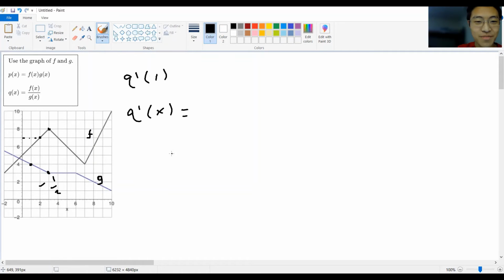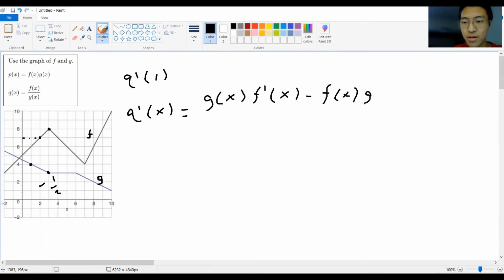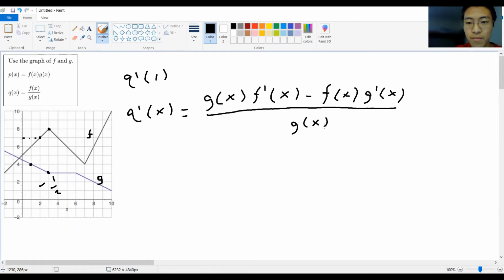It's a nice little poem. So low d high, and that d means derivative, so all we got to do is slap a prime on that guy. Low d high minus high d low, and g is below, over the square of what's below.